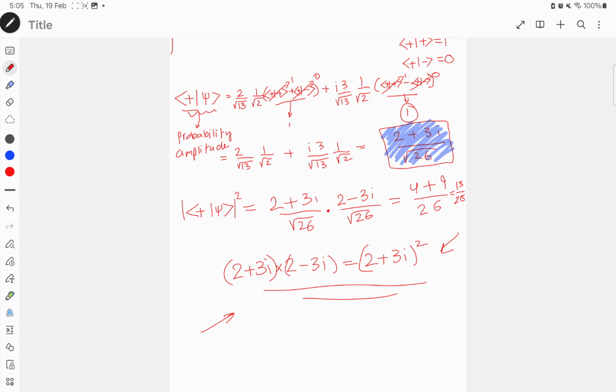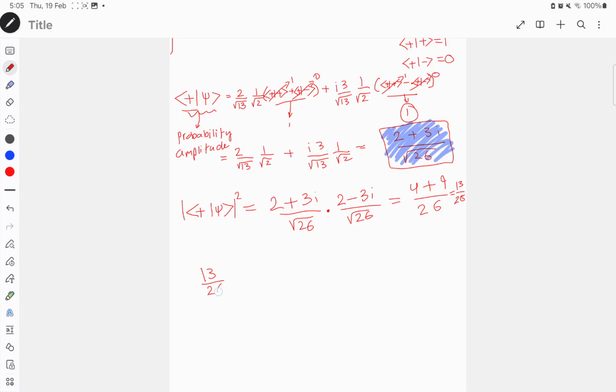Okay, this is for the positive. 13 over 26, divided by 13, gives you half. This is a tip.